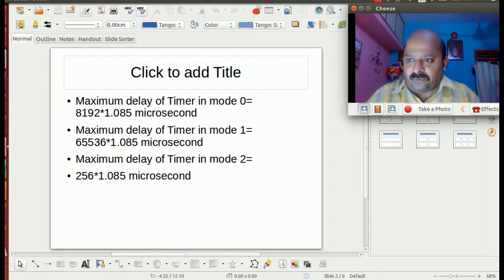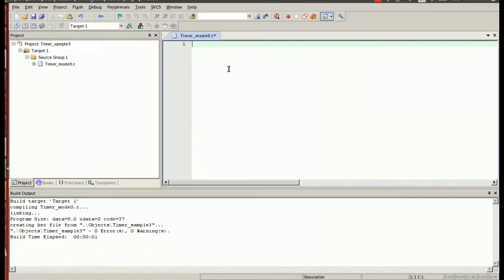Now let us go to Keil and let us start writing a C program for timer. The C program starts with include reg51.h. This is the header file that contains register definitions, and then void main void.